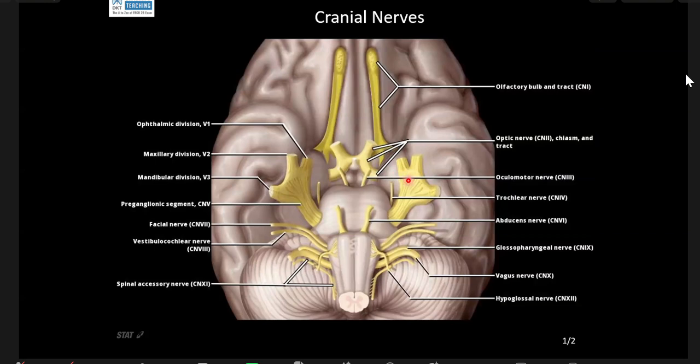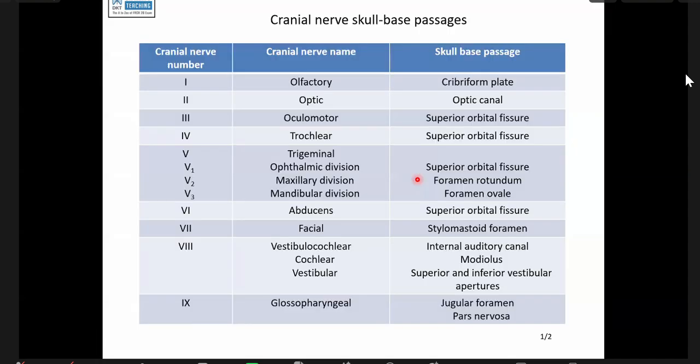Just a quick revision about the cranial nerves. Some of them are important at FRCR level, and because they are, the examiners are going to ask you questions about them. So we know that there are 12 cranial nerves, which are depicted on this diagram. There are two ways to learn the nerves.